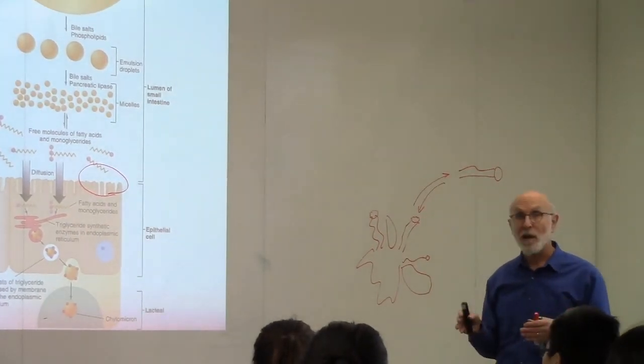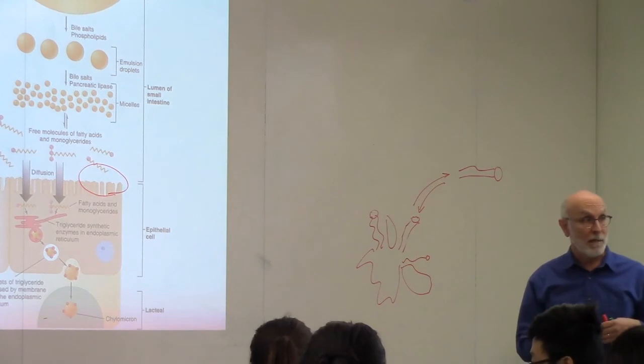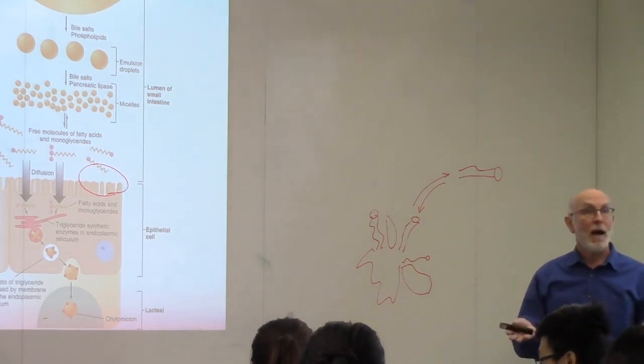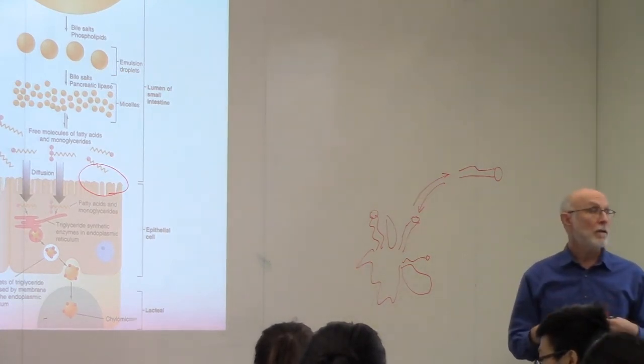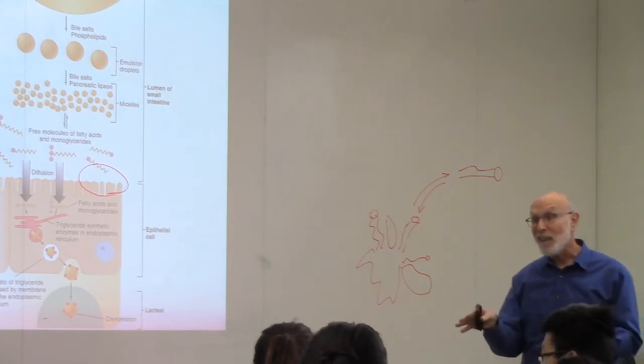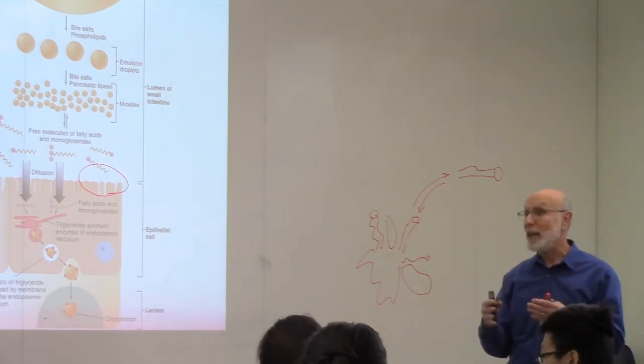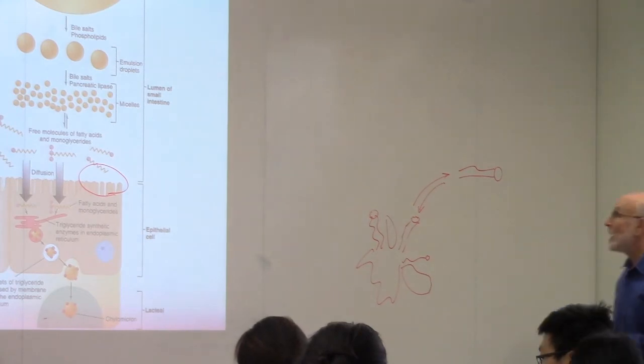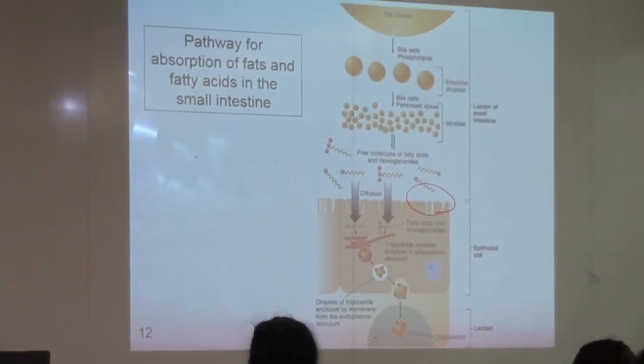After the break, we're going to talk about how the intestine absorbs protein, amino acids, and how the intestine absorbs sugars from carbohydrate, and it's going to be different. There's going to be specific transporters. But in this case, it's simple diffusion and then exocytosis of the chylomicrons.